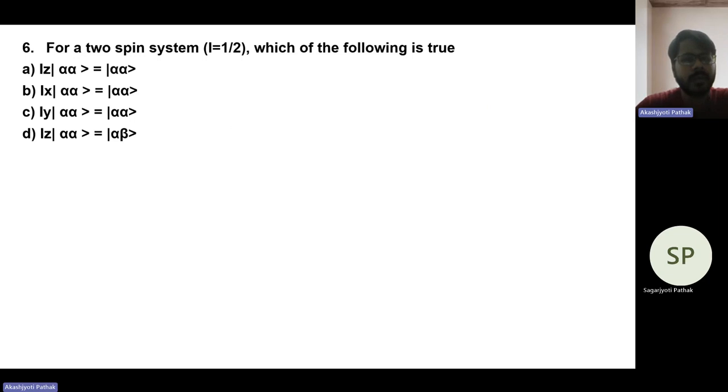Okay, now there is one more question. For a two-spin system with I equal to half, which of the following is true?